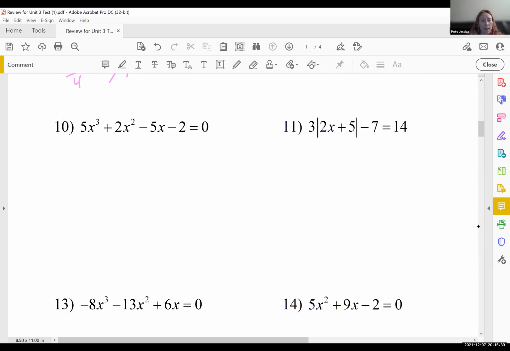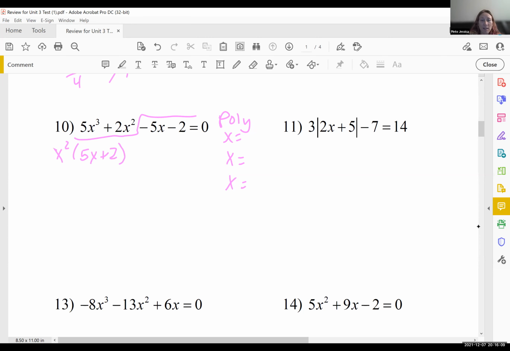Okay, looking here at number 10, this is a polynomial. And then I see the highest exponent is 3. So again, we're going to get 3 x values. And since it is a true four-term polynomial, I start by drawing the fence. Taking out the x squared, I have 5x plus 2.